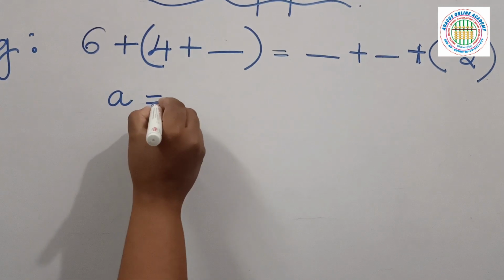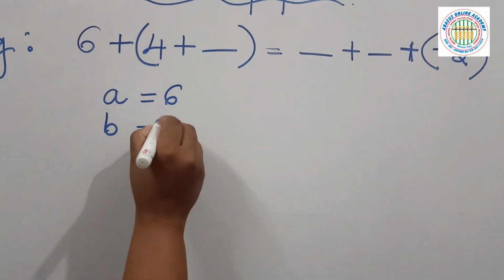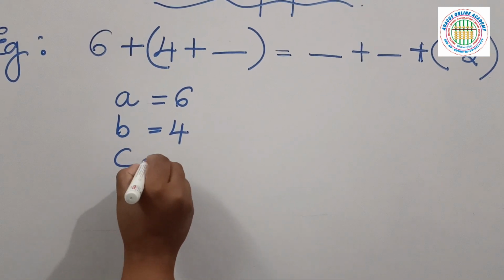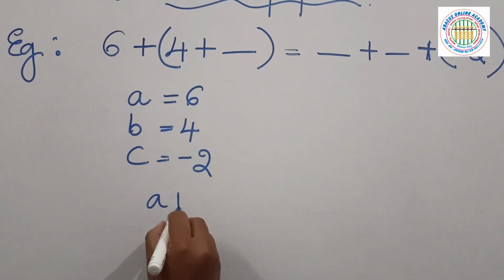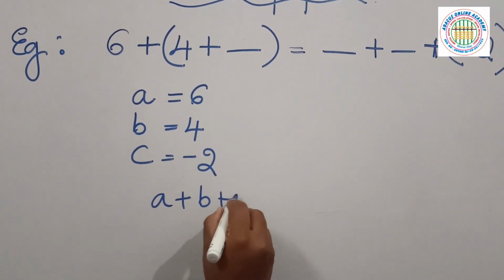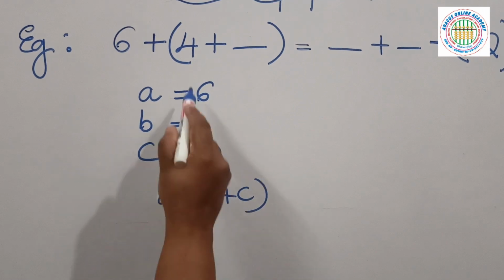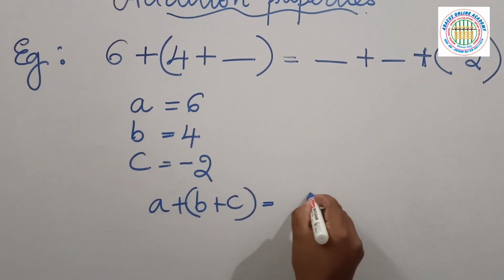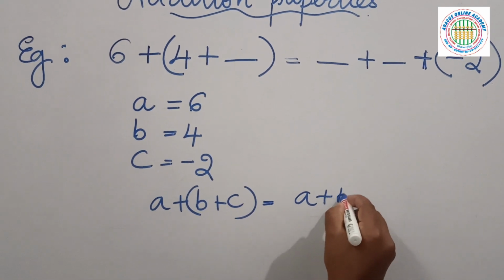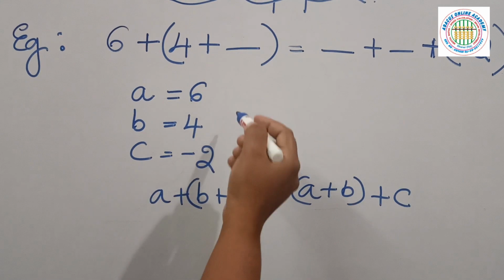Okay, A is equal to 6, B is equal to 4, C is equal to minus 2. That is A plus B plus C. Now we'll fill this.